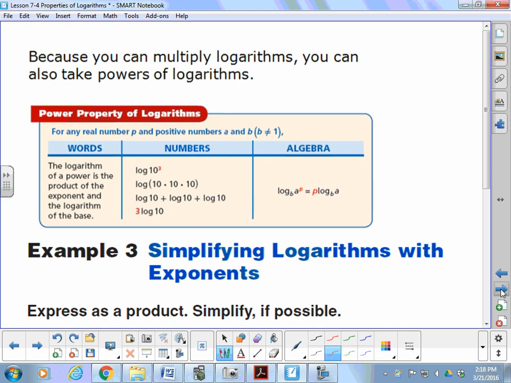That's the power property. So we can see the log base b of a raised to the power of p, and then we take that p and move it to the front, so that we make it a multiplication problem.